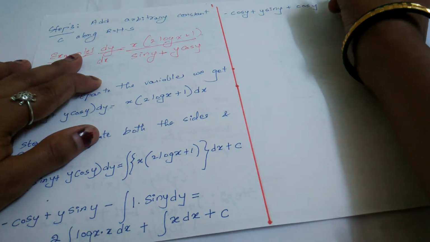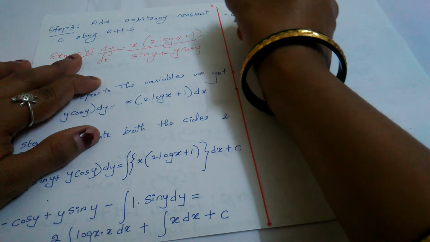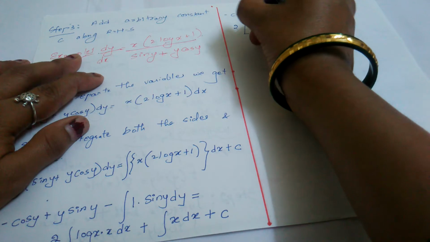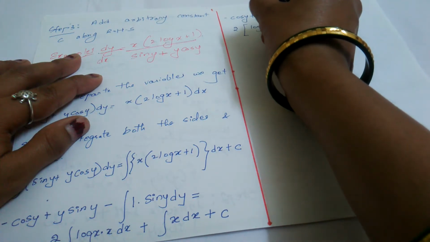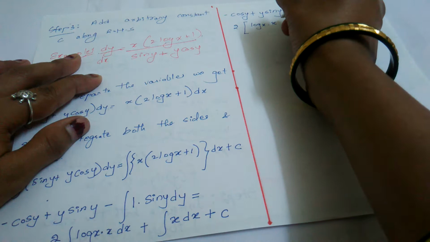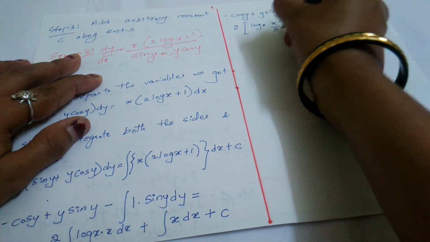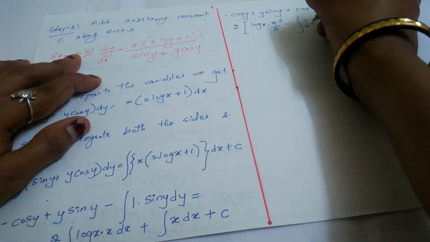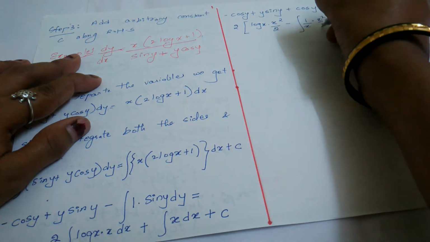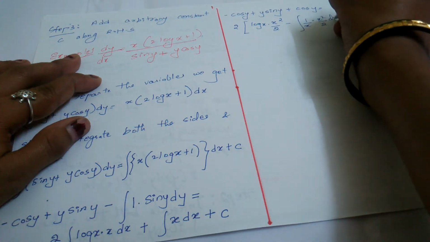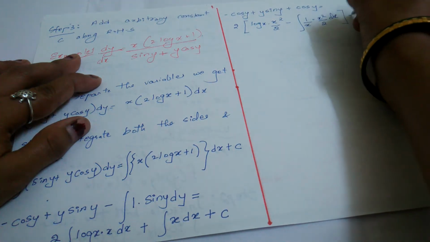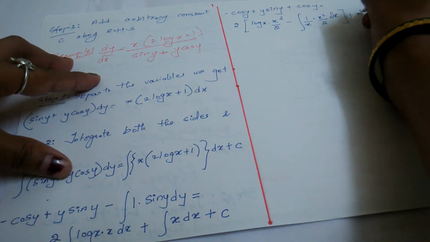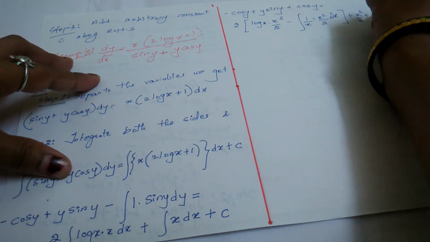This is equal to 2 into (log x into x square by 2 minus integral of 1 by x into x square by 2 dx), plus integral of x dx, which is x square by 2, plus c.